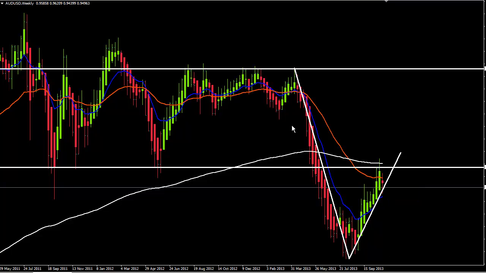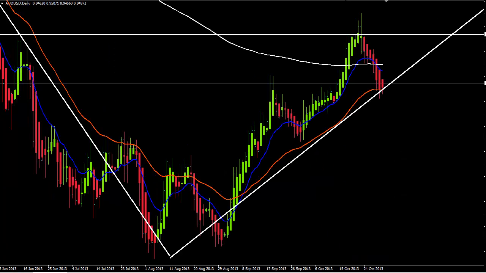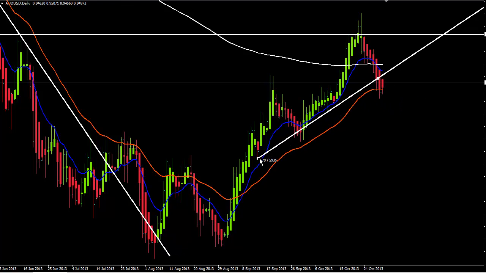That's something else. But look at this 1, 2, 3, very, very important 2 to 3 line break, still holding on the daily chart. That's your 2 to 3 line break, and right now, as I said, it's support, and you cannot do much.